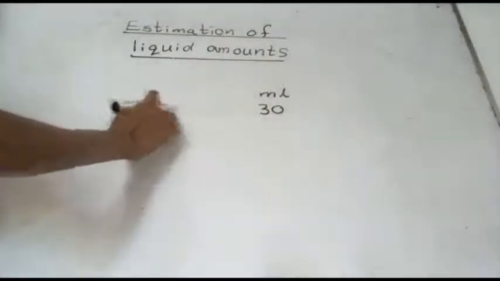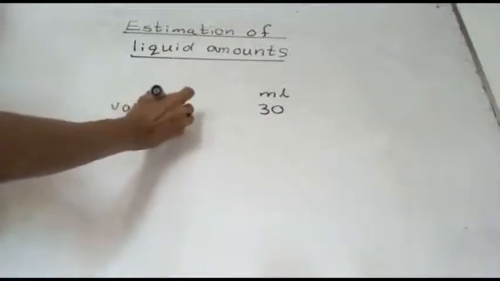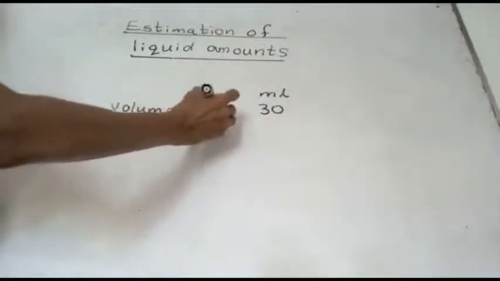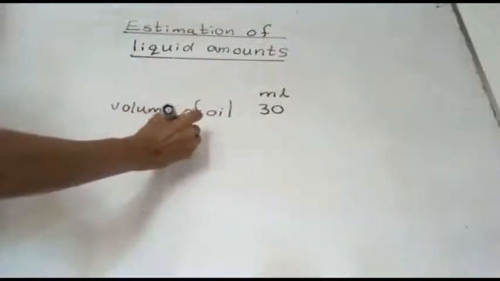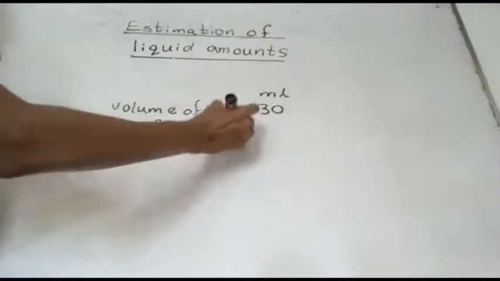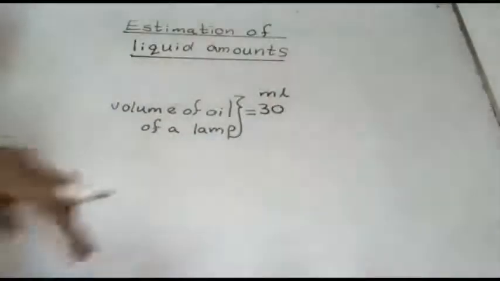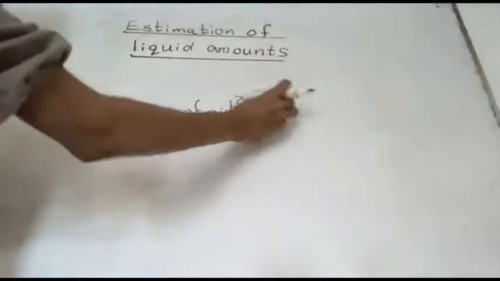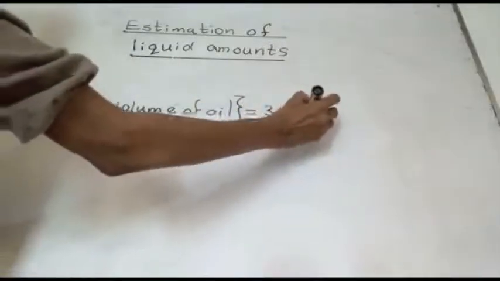We write volume of oil for a lamp. A lamp means one lamp is equal to 30 milliliters.